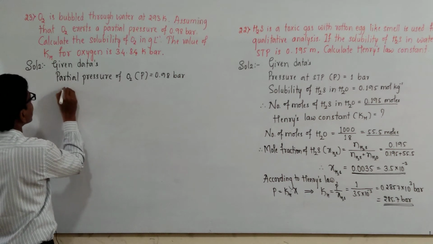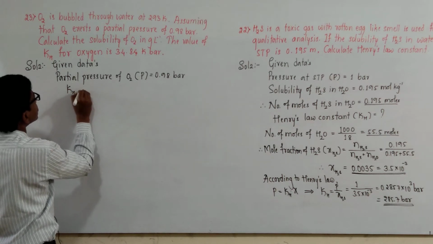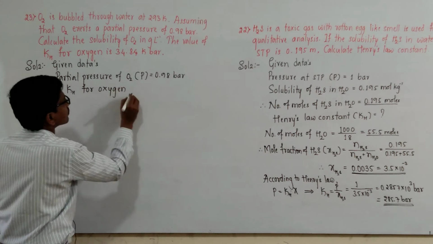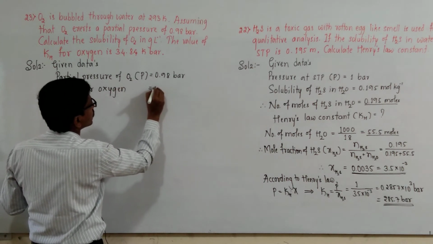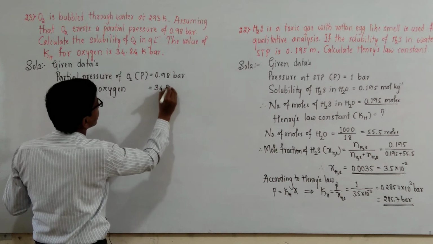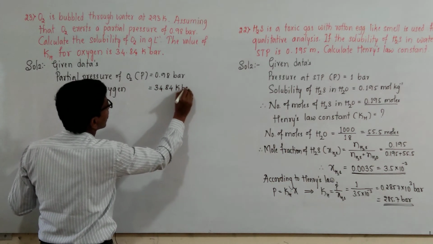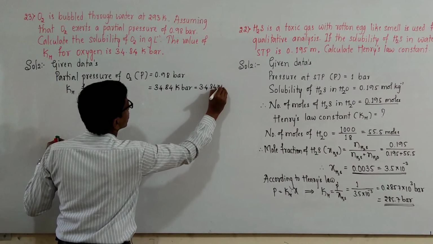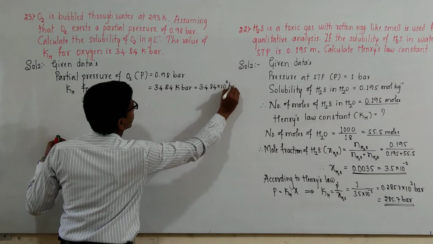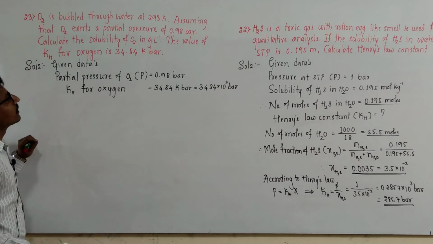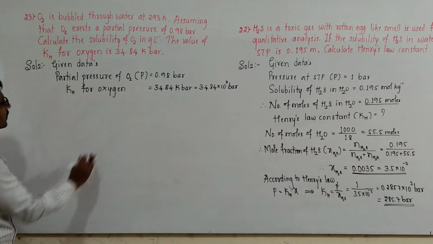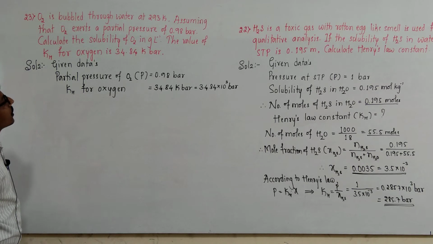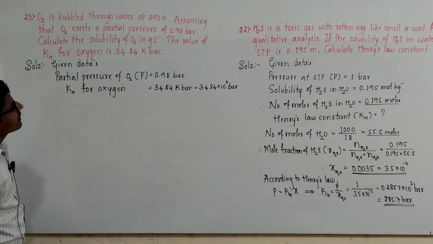Then KH for oxygen is equal to 34.84 kilobar, that is equal to 34.84 into 10 raised to 3 bar. Then what do we have to calculate first? These are the given data.